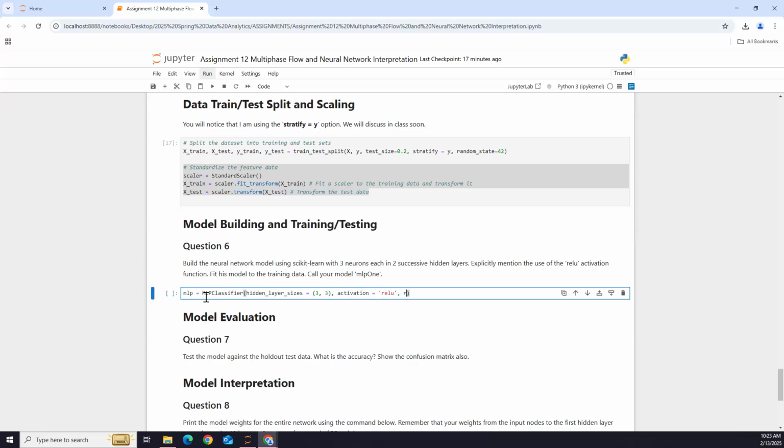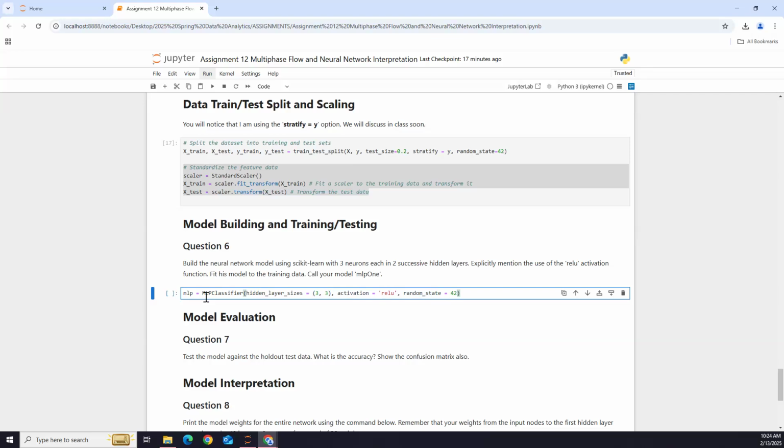And again, I'm just going to fix the random state to be some integer. The reason why is because I want the weights to be initialized from the same values every single time I run this Jupyter notebook, so I get exactly the same result.